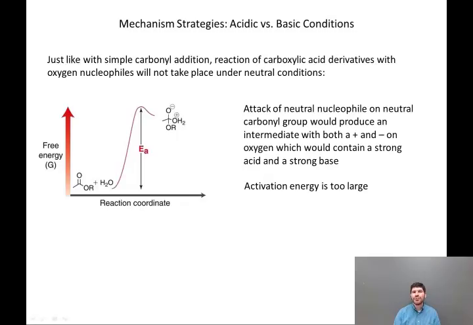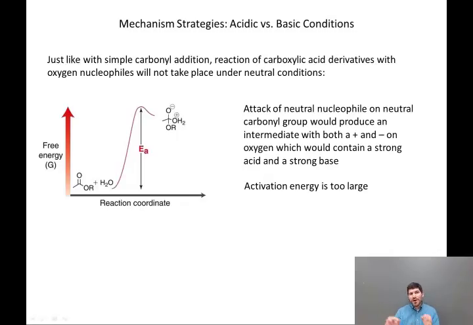Once again, we've seen this before. Attack of a neutral nucleophile on a neutral carbonyl group will produce an intermediate with both a plus and a minus charge. If the nucleophile is oxygen, that will lead to a plus charge on one oxygen and a negative charge on another oxygen in close proximity in the same intermediate.